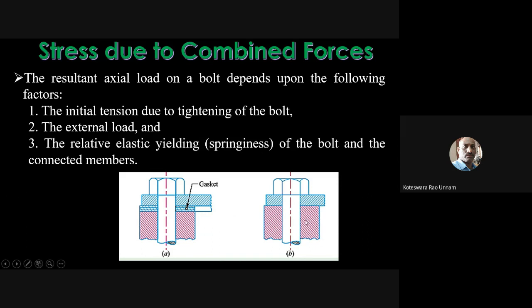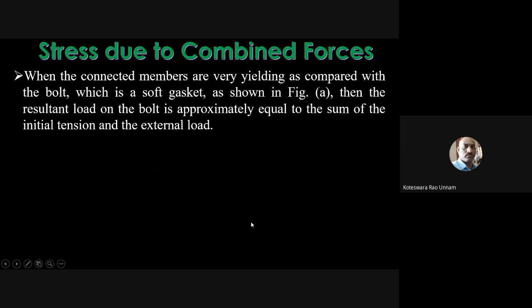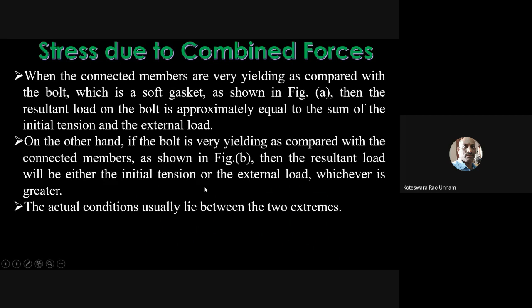Whereas the other case, the second one, is where you are using a hard gasket, and the bolt is very yielding. That means the bolt is weaker when compared to the connecting members. In the first case, the connecting members are weaker than the bolt, so the bolt takes the total load.